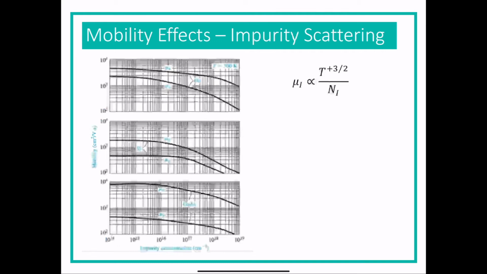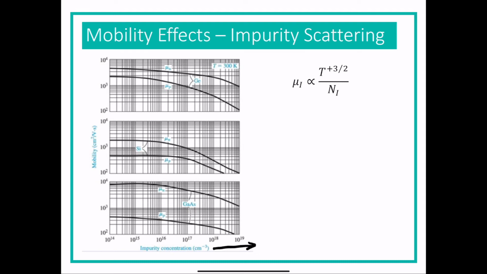This is telling you that as the impurity concentration increases down here, you get a tailing off of the mobility as you get more impurities. You'll also notice that the mobilities fall in different ranges depending on if you're looking at gallium arsenide or silicon or germanium. They're all different depending on how they're constructed.